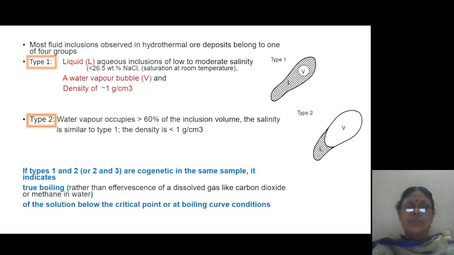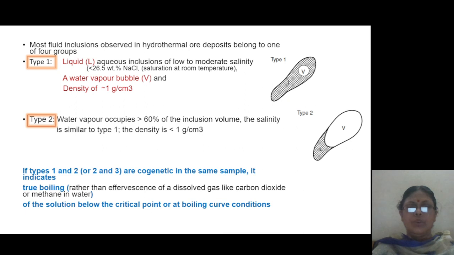And effervescence, we also know, happens when the fluid rises from high pressure to low pressure conditions. So true boiling is not effervescence. True boiling is a high enough temperature for boiling to take place. If type 1 and 2 or 2 and 3 are cogenetic in the same sample, it indicates true boiling of the solution below the critical point or at boiling curve conditions.